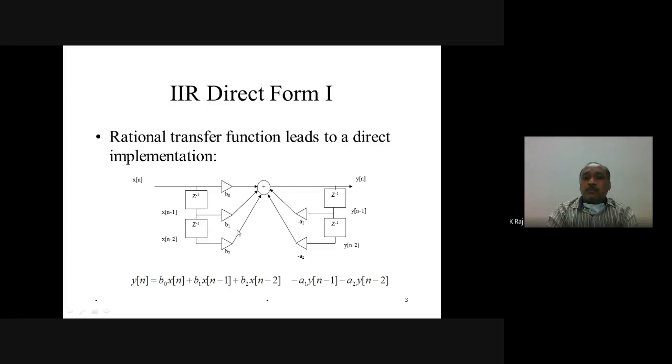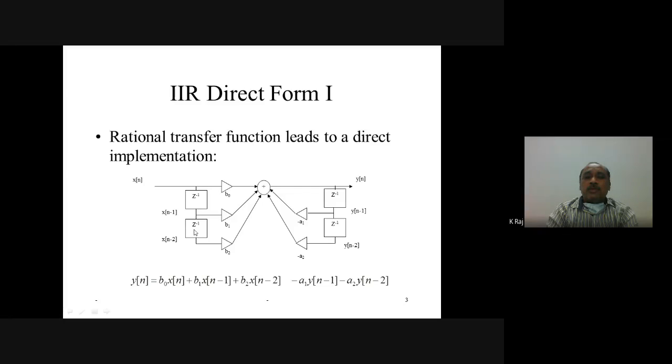The possible structure that we can derive directly from this formula can be described in this manner. Whatever is the x(n), it is delayed by 1 delay and then multiplied by a coefficient b1, and without delay x(n) is multiplied by b0.